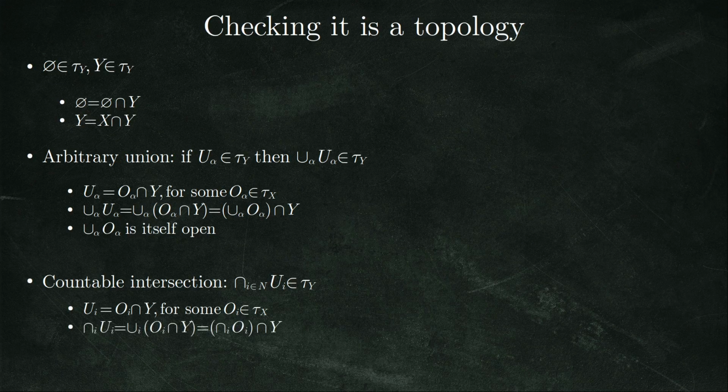We intersect all of these, which is the intersection of O_i intersect Y, which, just like before, is the intersection of all the O's intersect Y. And the intersection of all the O's is again open, because this is just a countable intersection, and we already know X is a topological space. So if we intersect all of these open sets, it's still open.